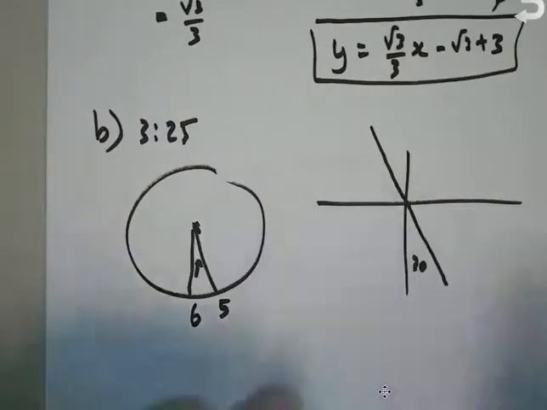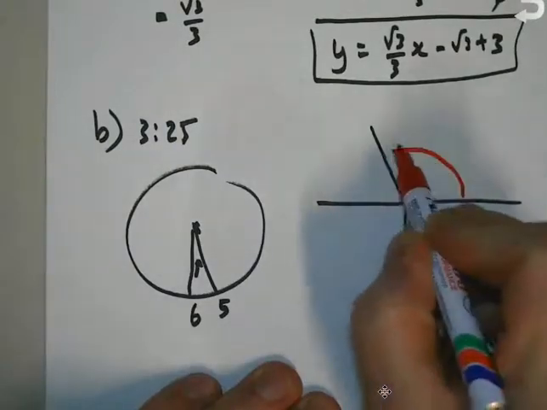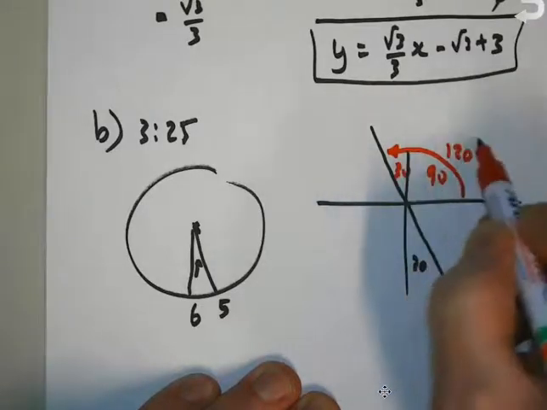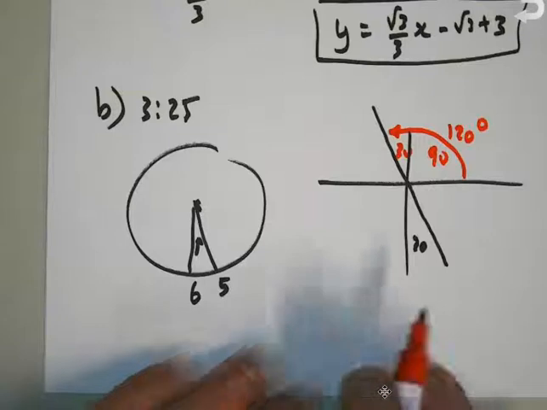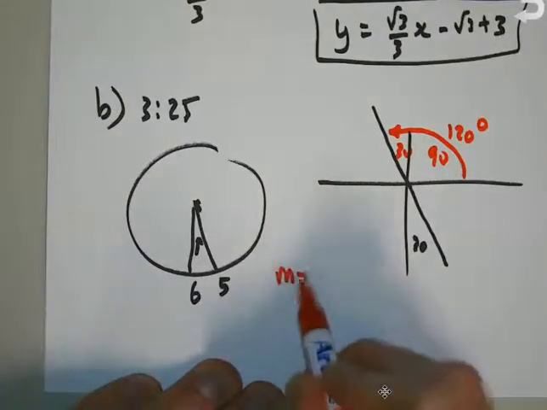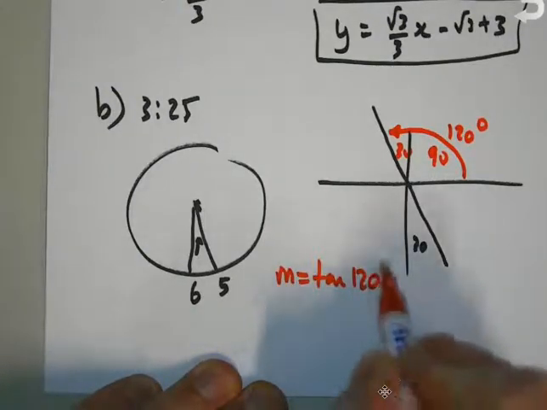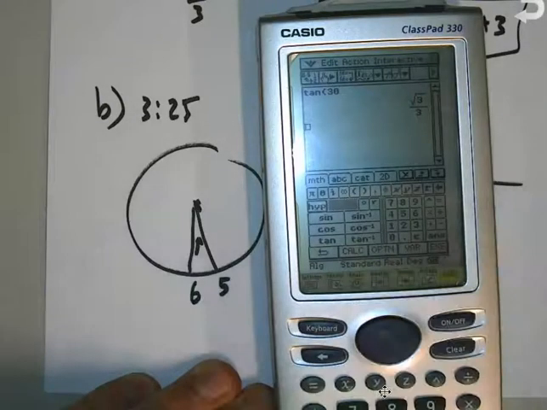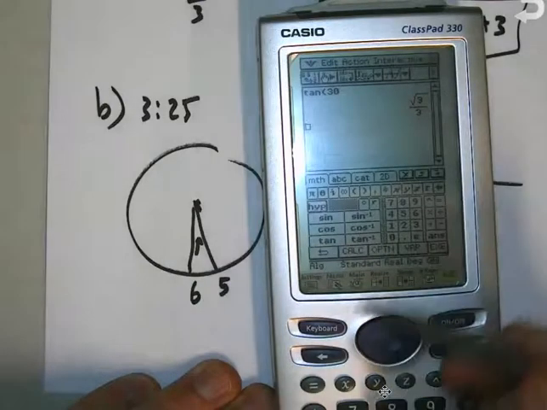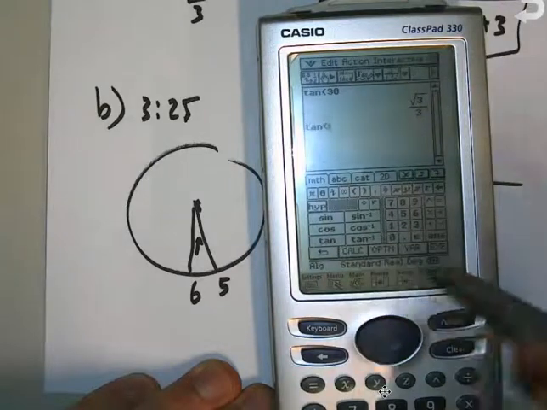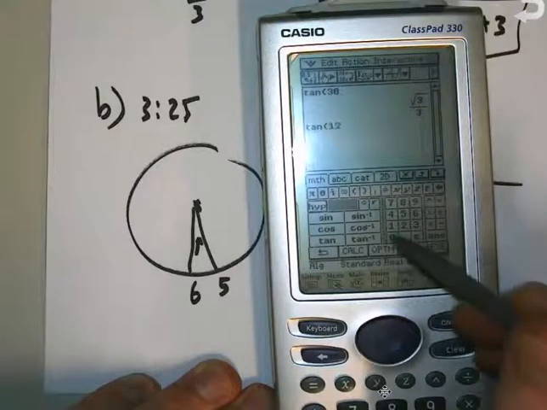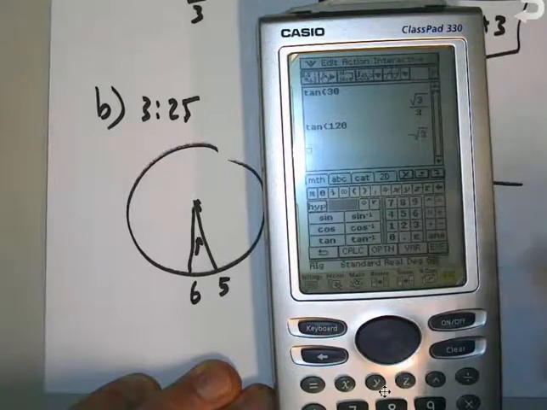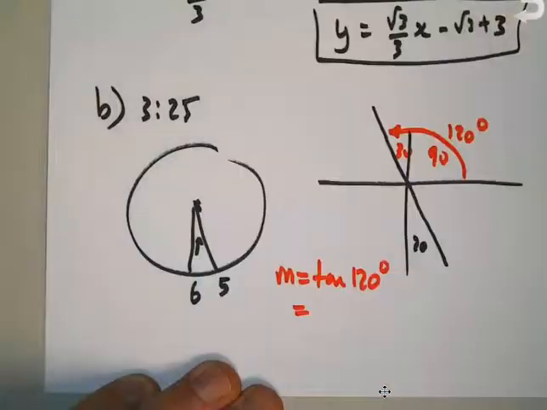So angle which is measured this way will be 90 plus 30, 120 degrees. So I know that the gradient will be tan of 120 degrees, which, using my calculator, I want the tan of 120, and making sure I'm in degrees, I get negative root 3.